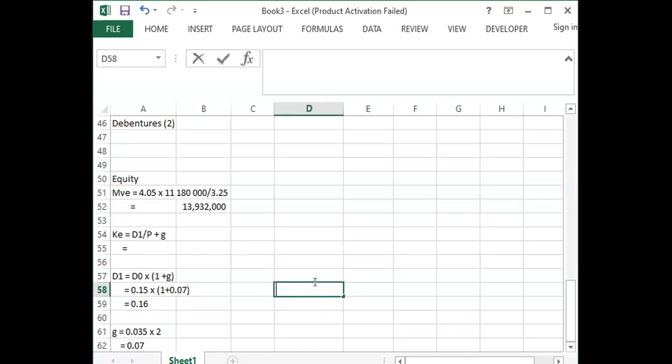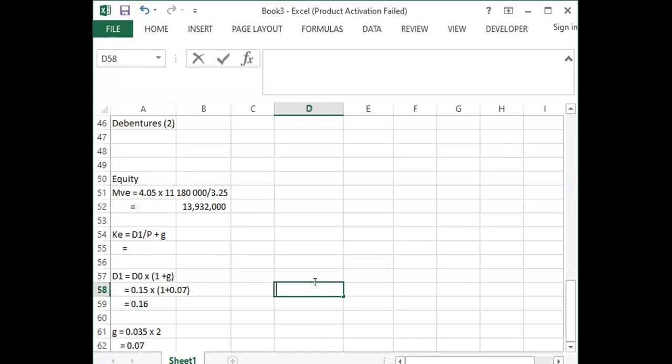All right, let's charge this quickly. All right, connected now.